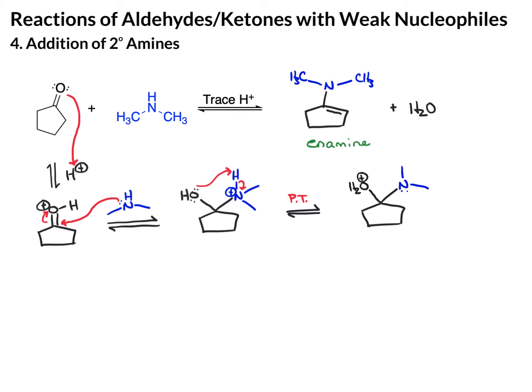Okay, now we have water attached, which is a good leaving group, and we'll use the lone pair on the nitrogen to assist it in leaving. So I'll push this lone pair down to form a pi bond, and that helps push the water off of the molecule.